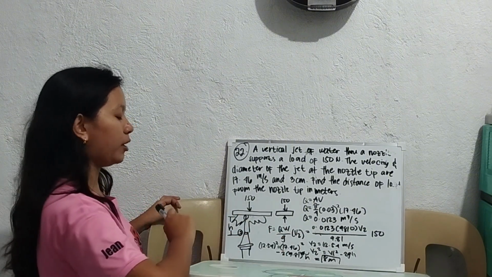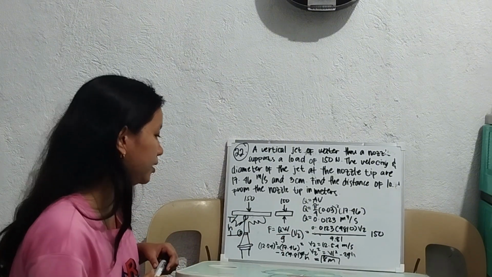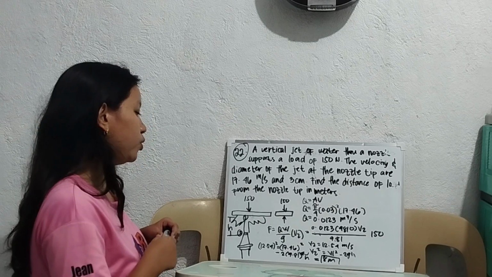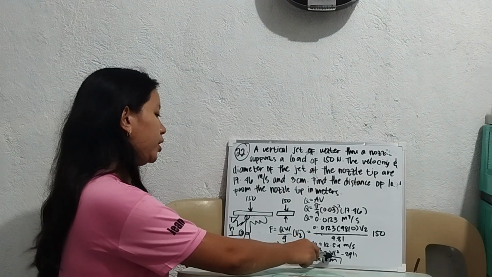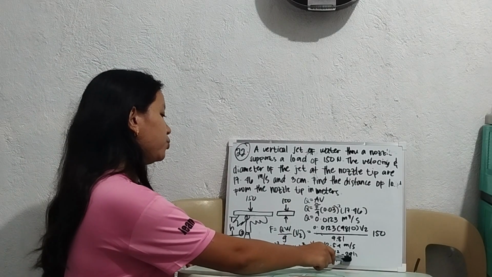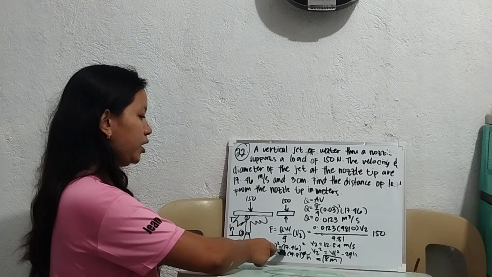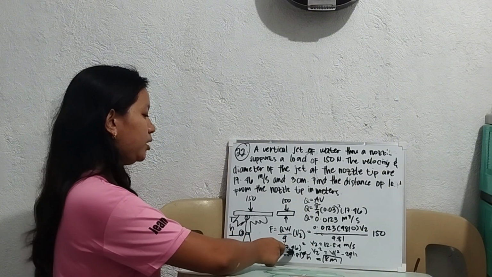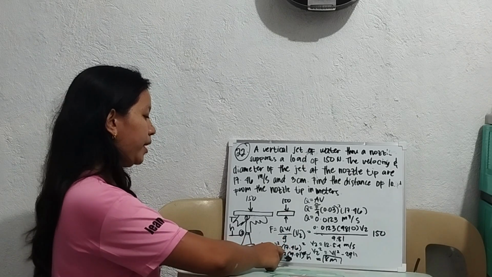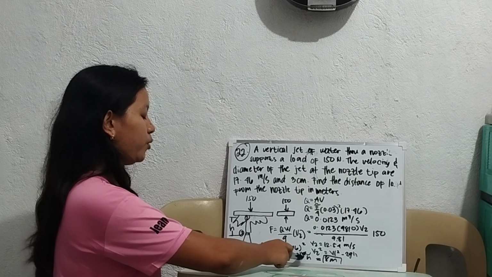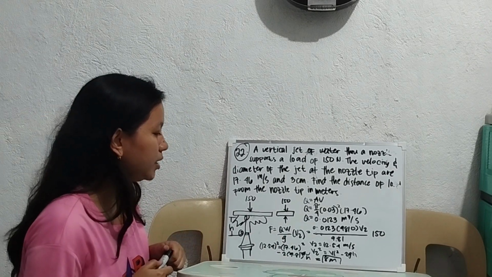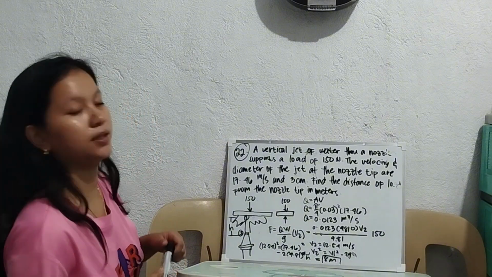Another formula to find the V2 is V2 squared equals V1 squared minus 2GH. So we have our V2, 12.54 squared, equals our V1, 17.46 squared, minus 2 times 9.81 times H. So we have the answer for the height, which is equal to 8 meters.